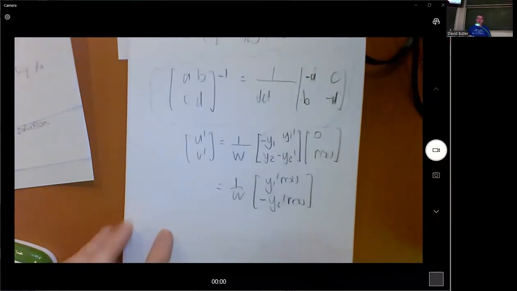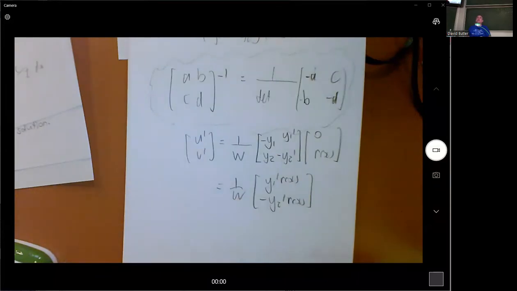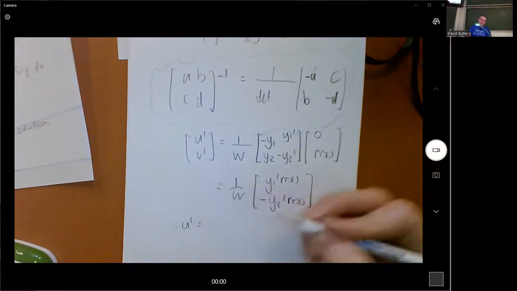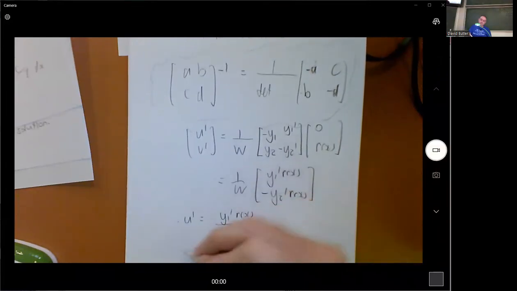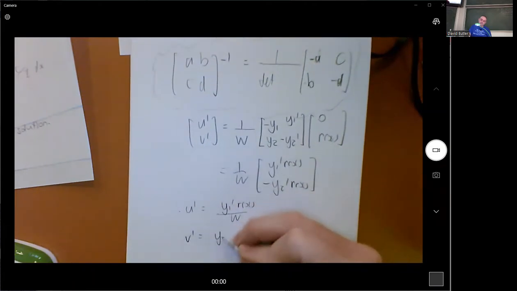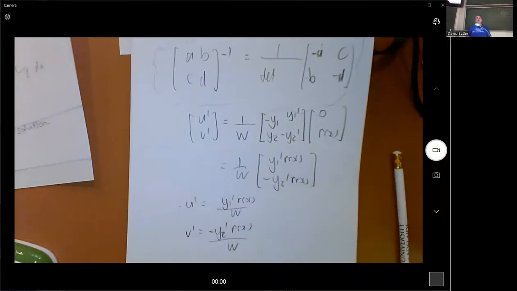And so therefore, u dashed is y2 R of x divided by W. It's just such a magic trick, right? And then you integrate them and you get the answers, and then you sub them back and blah, blah, blah, blah. So, yay. Whew.